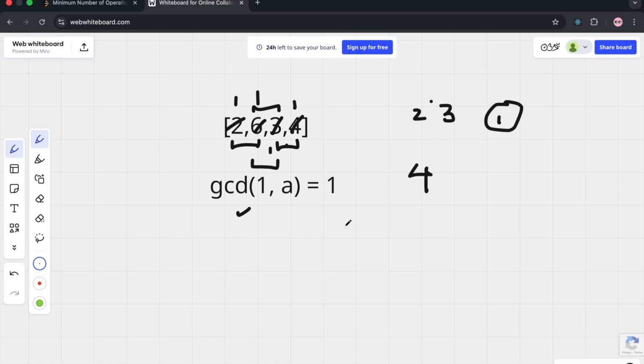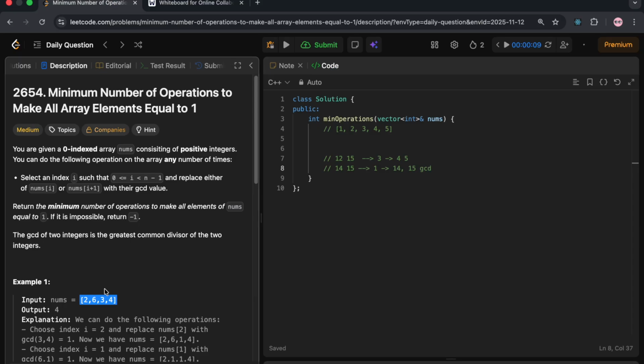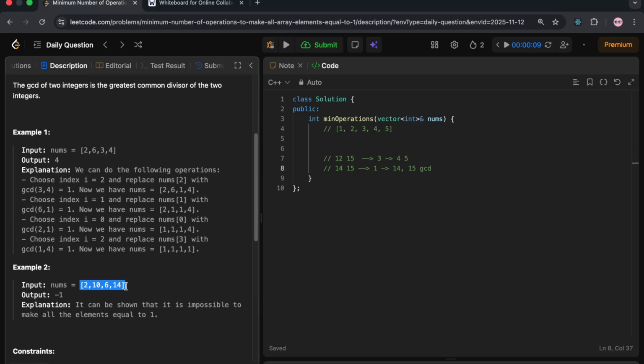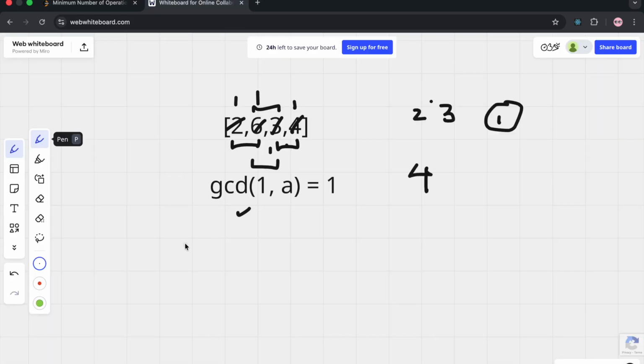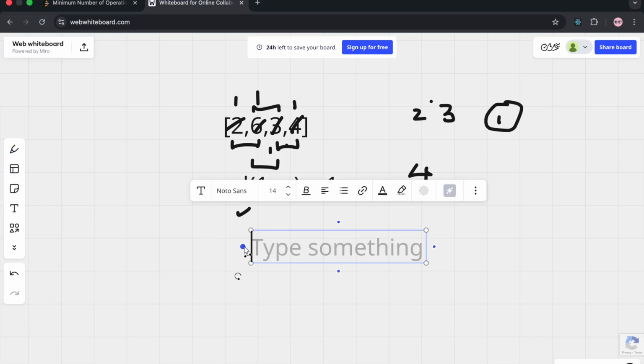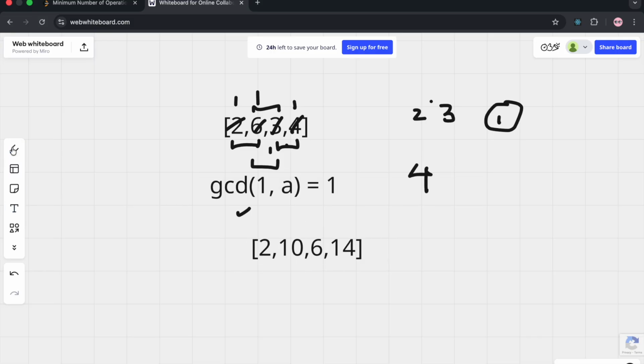So first, let's take another example. Here we can say, 2 10 GCD is 2, 10 6 GCD is 2, and 6 4 GCD is also 2, right?